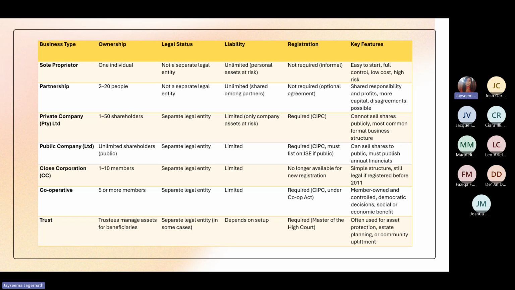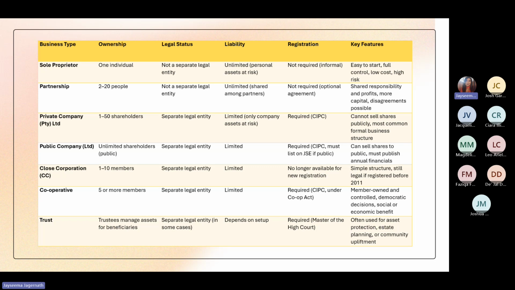Why do we need a trust? If you have a business and underage children who cannot run a company on their own, you can put it in your estate planning that any assets go into a trust for the benefit of the children. If you have adults who are not able to run the business, you don't have confidence in them, or maybe they are not in a position to legally stand as a natural person, you will open a trust for them.